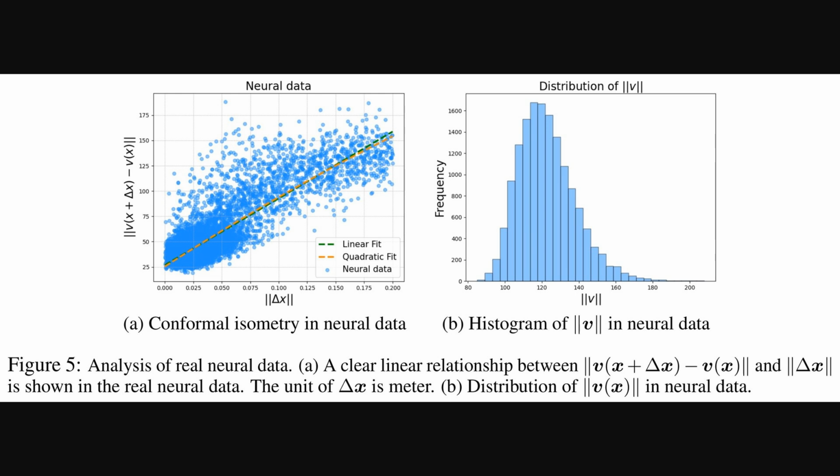We see a clear linear relationship there, which strongly supports that conformal isometry principle. Then, Part B shows a histogram of the neural activity's overall strength, and it's mostly clustered around a central value, backing up the normalization assumption. These findings from real neural data help ground the model's core ideas in biological observations.